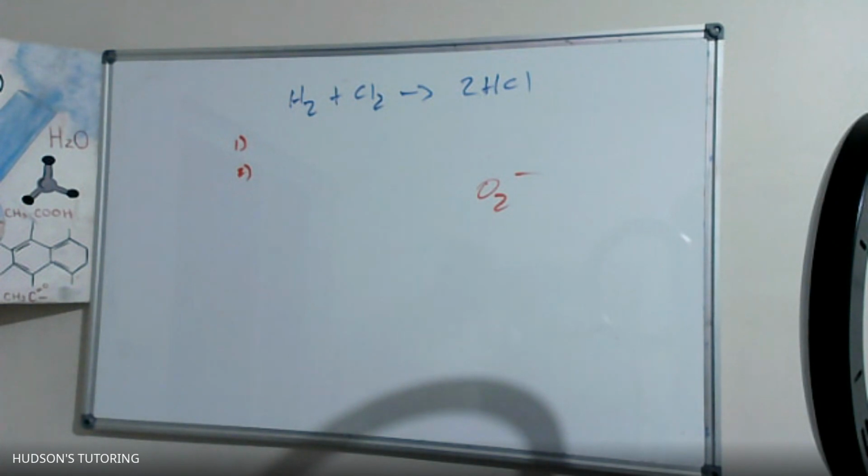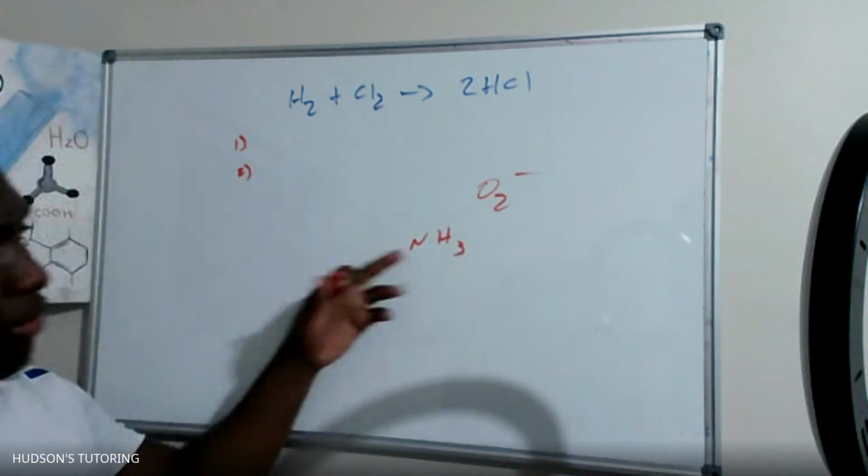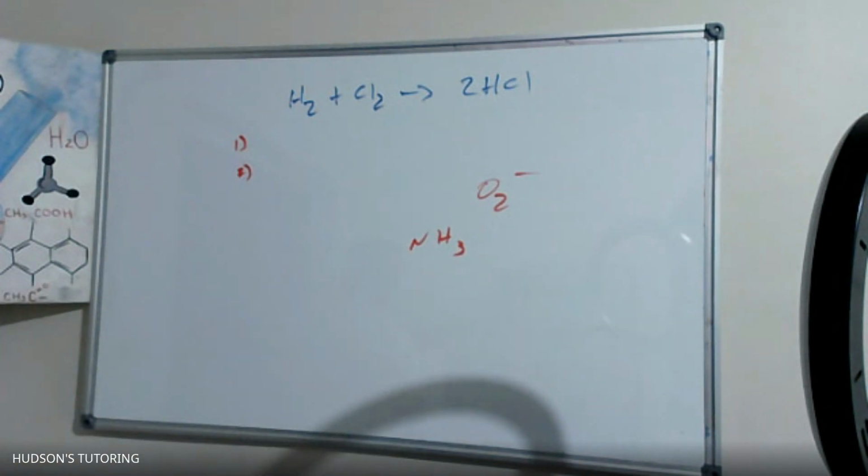Now, when we're looking at binary compounds, meaning two substances in their natural state, the more electronegative species will take the negative oxidation state. All right? So for example, if we had something like ammonia, NH3, the nitrogen will have the more negative oxidation state.